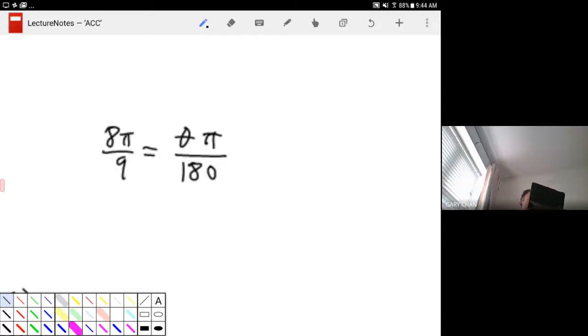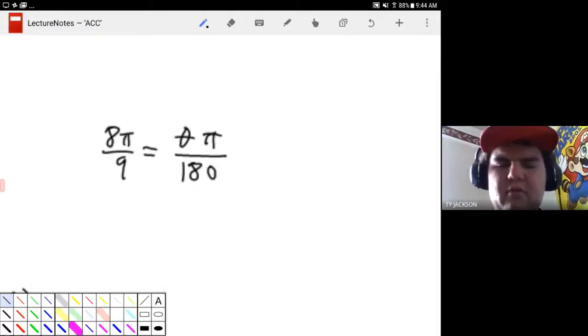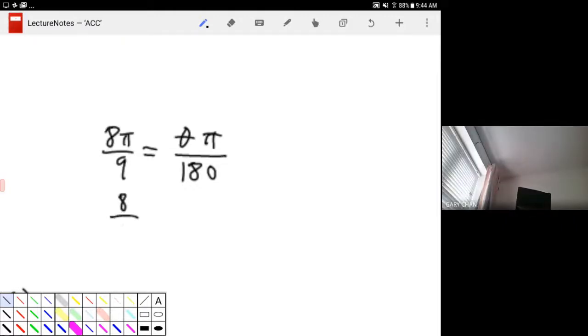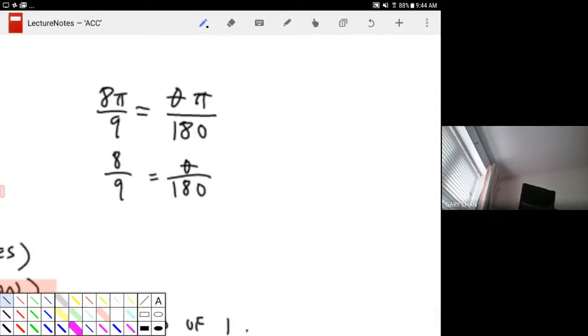Anytime you have the same things both on the left and right of the equal sign, what can we do with the pi there? You cancel it out. So we get 8 over 9 is equal to theta over 180. And from here, we can then cross multiply.